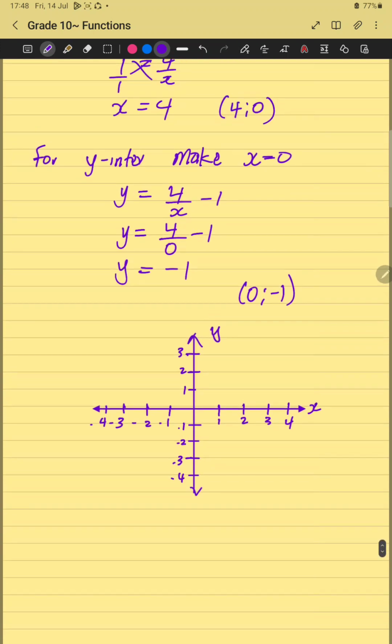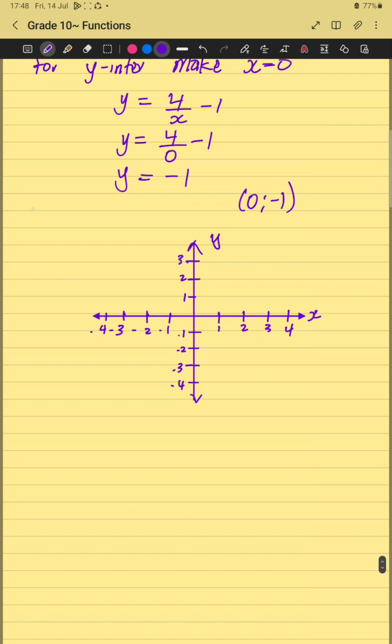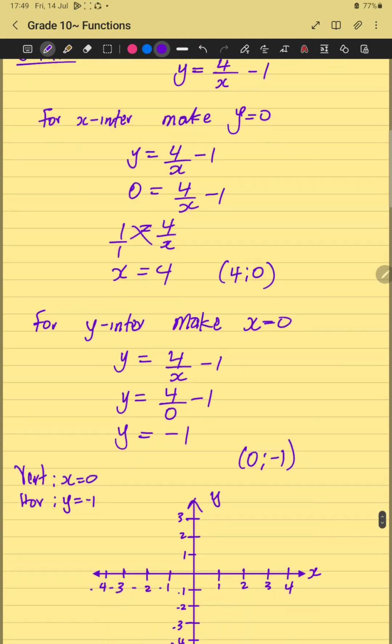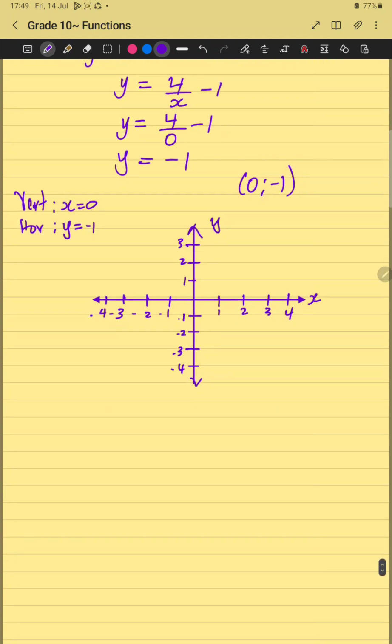Just before we sketch, we take note that there is a vertical asymptote. The vertical asymptote is x equal to 0, and the horizontal asymptote is y equal to -1. Remember I said you just take that -1 as it is, and before you do anything you make sure that you sketch the horizontal and the vertical asymptotes. The horizontal asymptote is -1, so we're going to draw a horizontal line that crosses at -1.